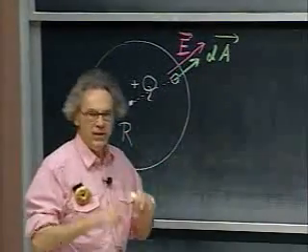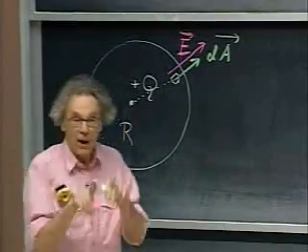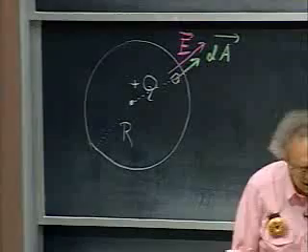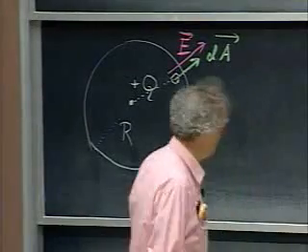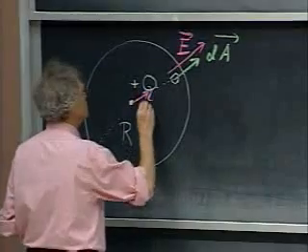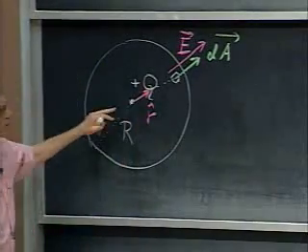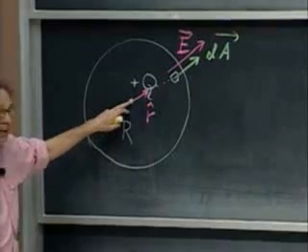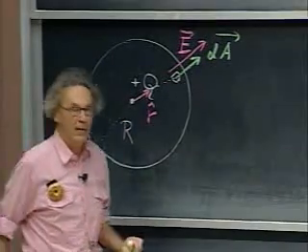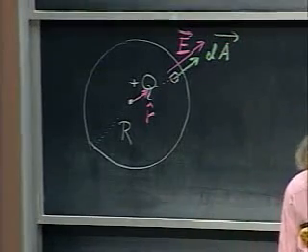So the dA and E, not only here, but anywhere on the surface of this sphere, are parallel. So the cosine of the angle equals 1. I can also introduce here the unit vector r roof, which is the unit vector going from capital Q to that element where I evaluate the teeny-weeny little amount of flux.